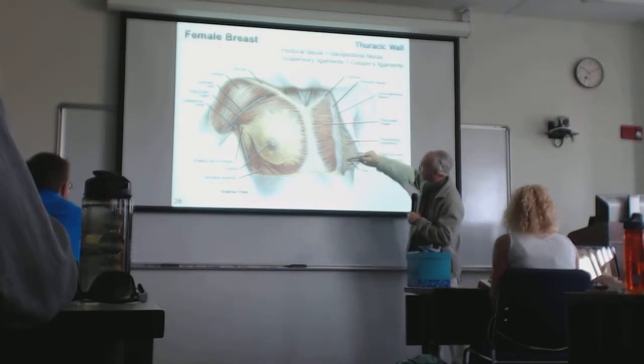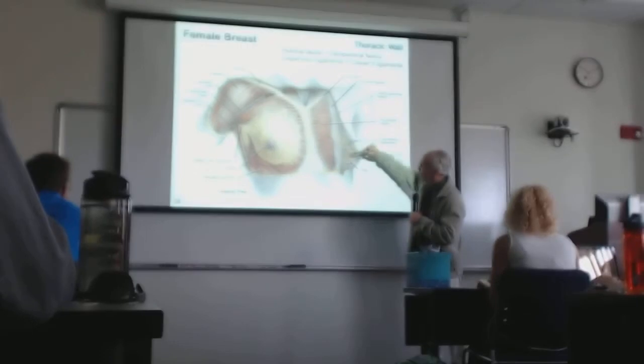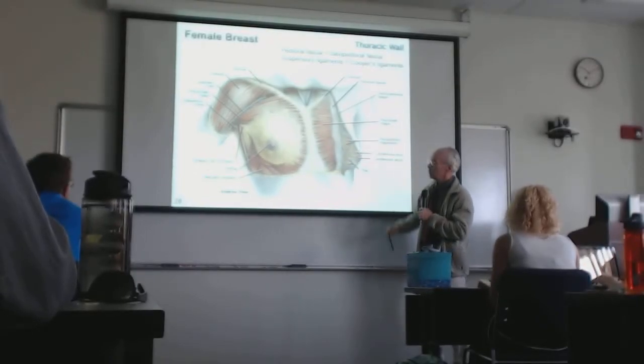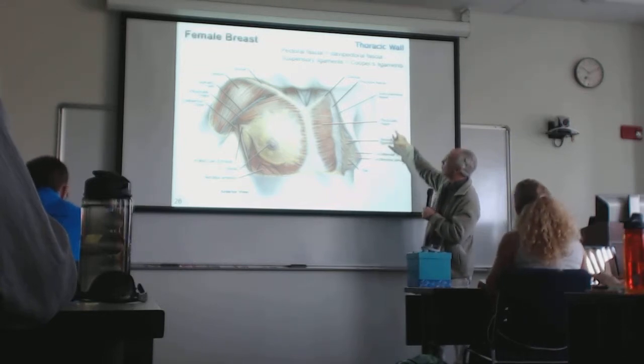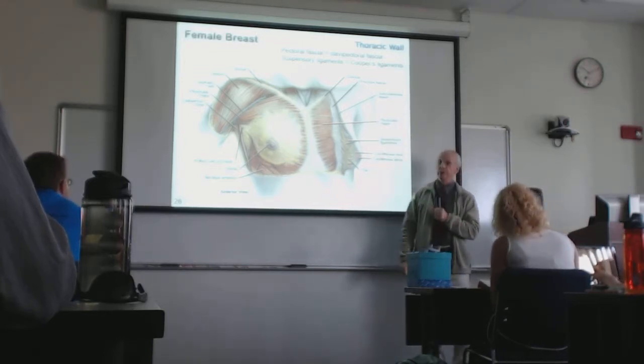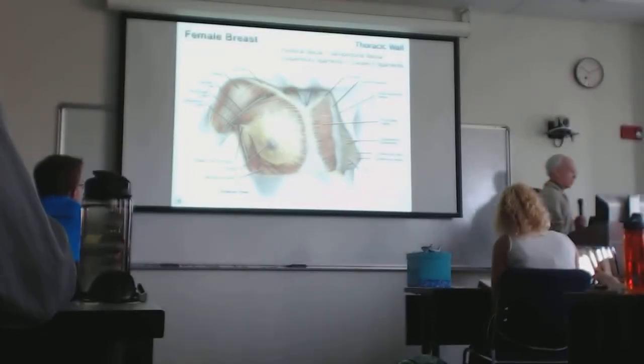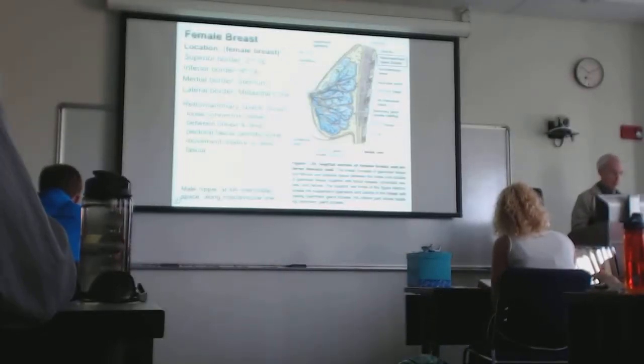You have the fascial membrane there, and then continuous with that is what is called stromal connective tissue, or sometimes it's called suspensory ligaments. The suspensory ligaments are also called Cooper's ligaments, so be aware of that alternate terminology.